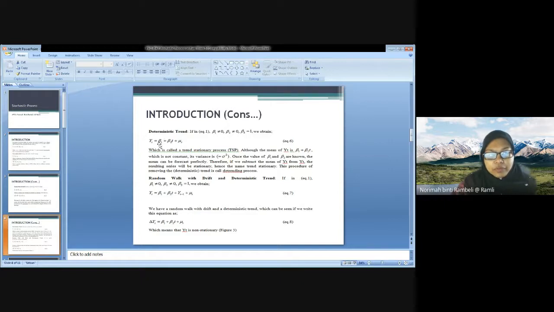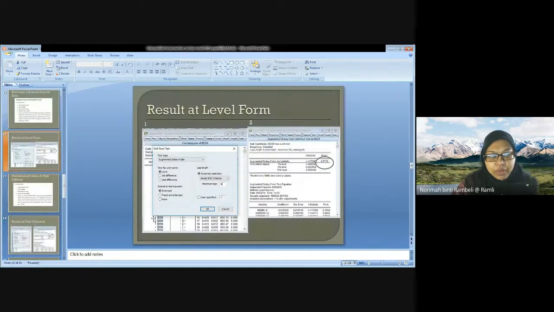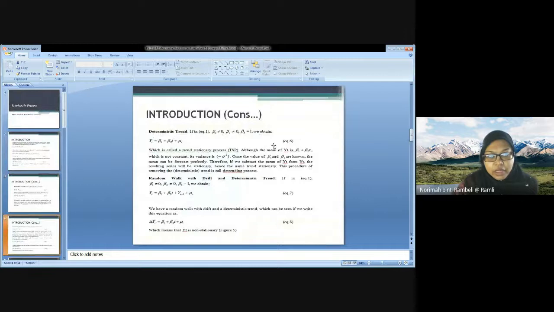Because you have the intercept here and also you have the time trend. So if you go back to EViews, you choose the second selection, trend and intercept. So the random walk model for the selection trend and intercept is equation number 6.